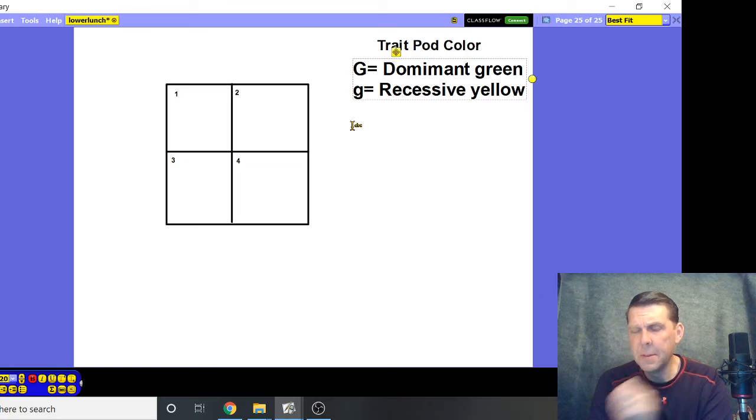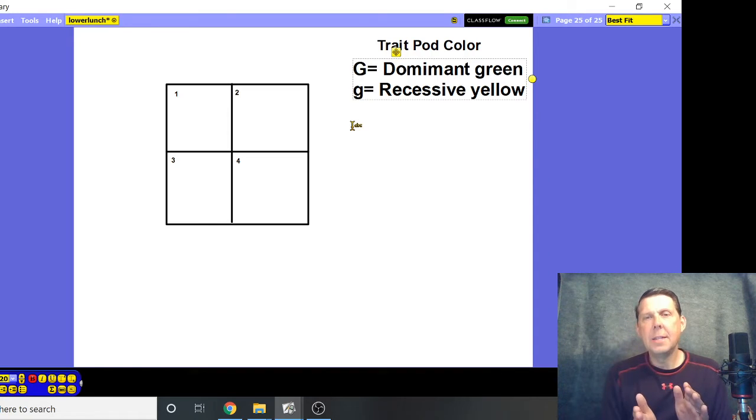There's a piece of the DNA that controls whether the pod is wrinkly or smooth. So a gene is a piece of the DNA. And you're going to get a piece of that DNA from the mom and a piece of that DNA from the dad. And whichever one is dominant in that situation is going to win out.